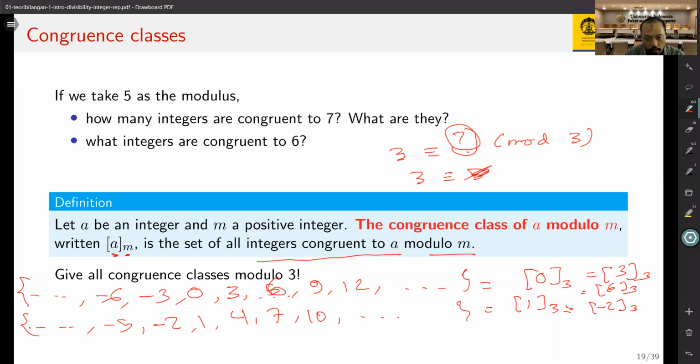And of course, the other is this one, right? And minus 1, minus 4. And this is the congruence class of 2, which is the same as 5, for example.